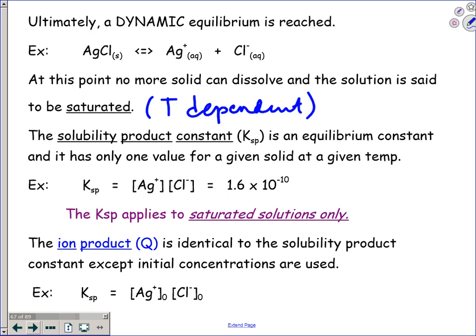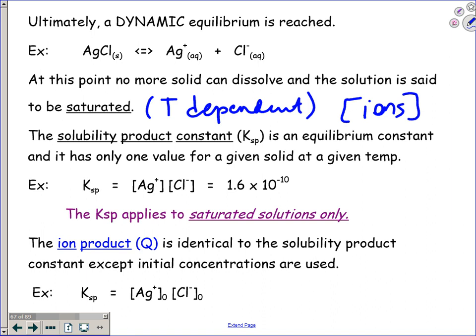What is also temperature dependent? We put those ion concentrations into something to calculate the Ksp expression, right? So if the saturation point, meaning the concentration of ions, is temperature dependent, remembering that we plug those ion concentrations in to find Ksp, it means Ksp is also temperature dependent, but we kind of already knew that because all Ks, Kcs, Kps, Kas, Kbs, Ksps, they're all temperature dependent. They depend on how far we're going to the left or the right, or specifically for this one, how it's affecting solubility.